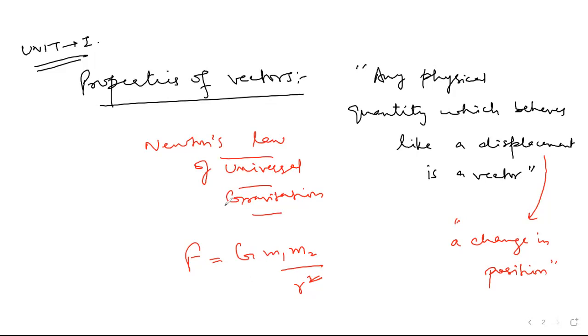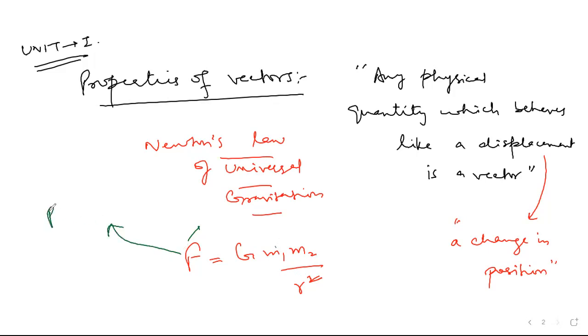So whenever we write any law of physics like this law, we write it in the form of an equation, and that equation contains certain variables. Force is a variable, m1, m2 are variables, and distance of separation is a variable. Now, these variables, which make up a law in physics, we call them physical quantities.